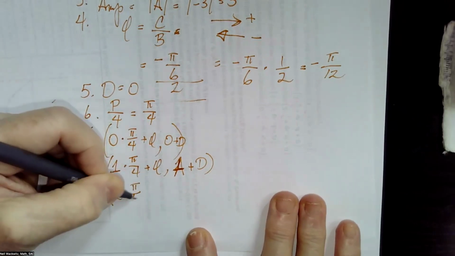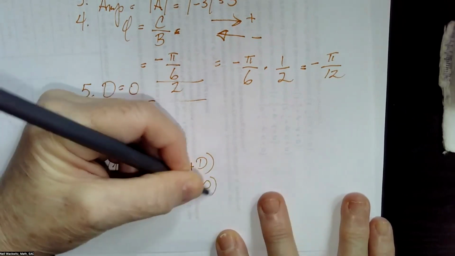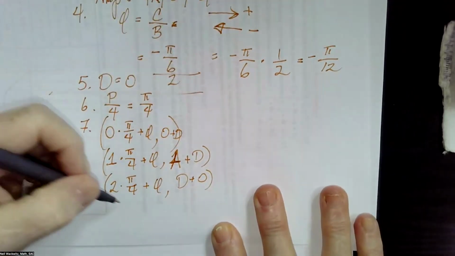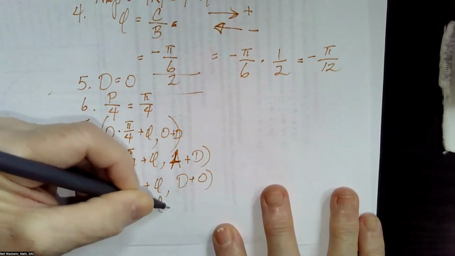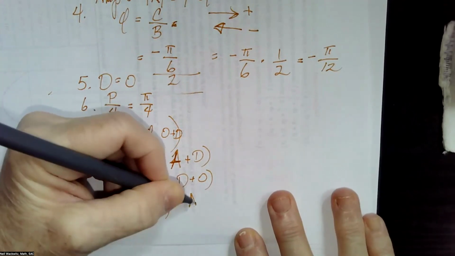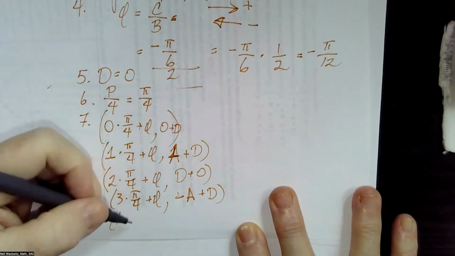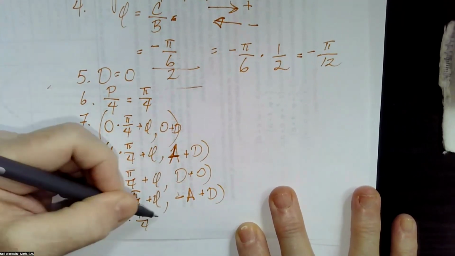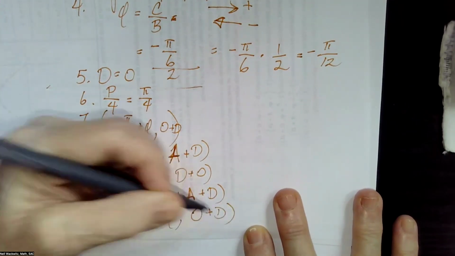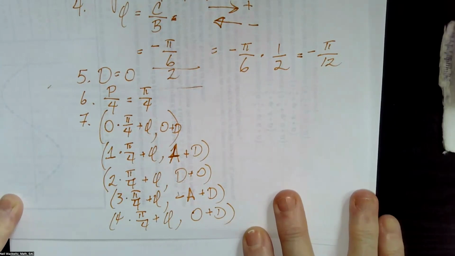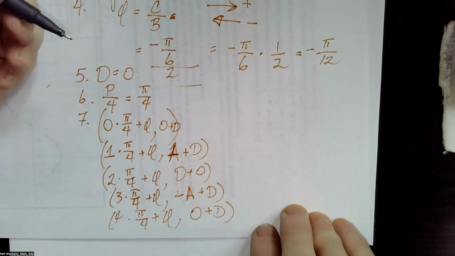Two times pi over 4 plus b, d plus 0. 3 times pi over 4 plus b, negative a plus d, and 4 times pi over 4 plus b, 0 plus d. Okay, we know that d is 0, so I don't know why I bothered putting all those d's in.